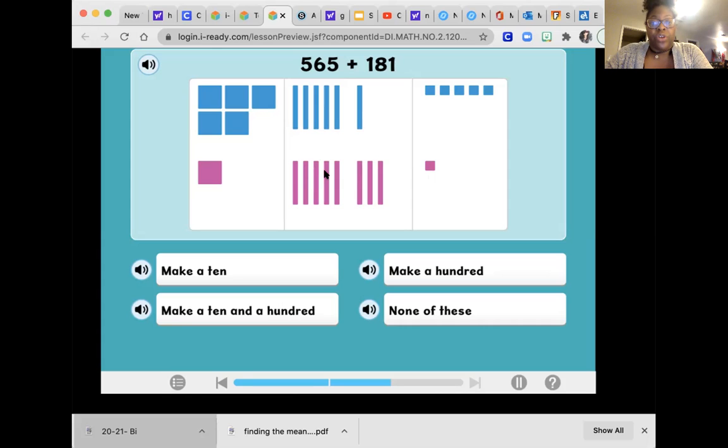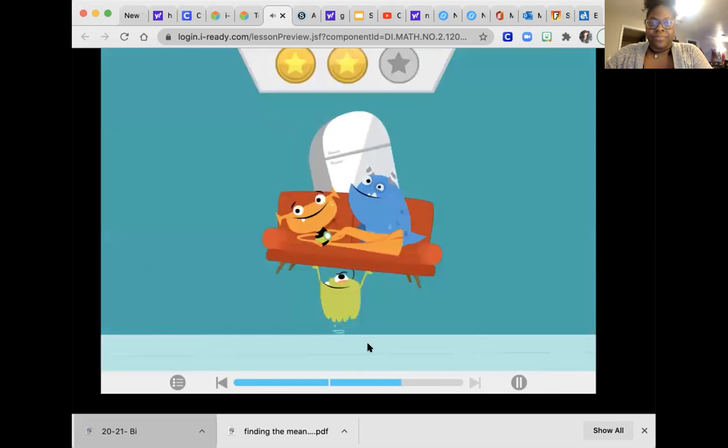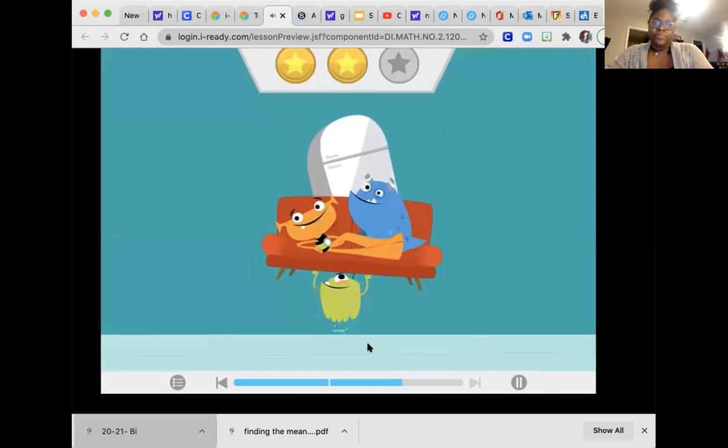So what are we going to do? We're going to make 100. Double wow! You will make 100 when you add 565 plus 181. Way to put in the effort.